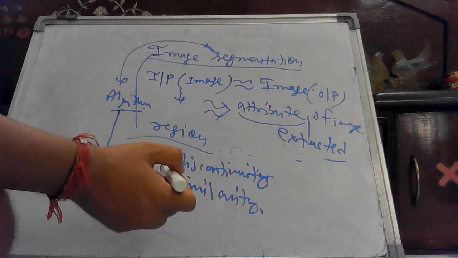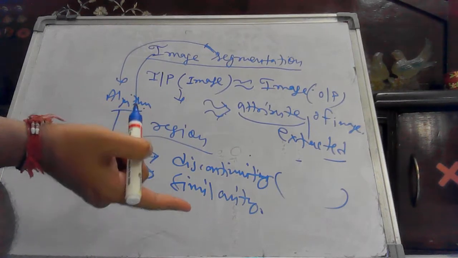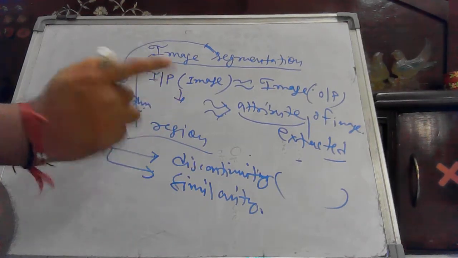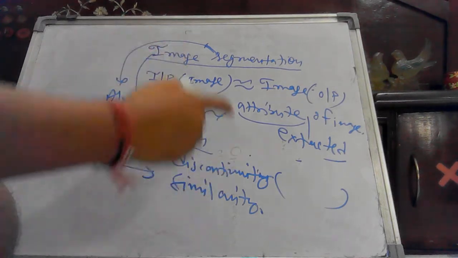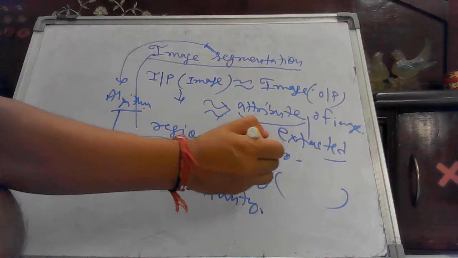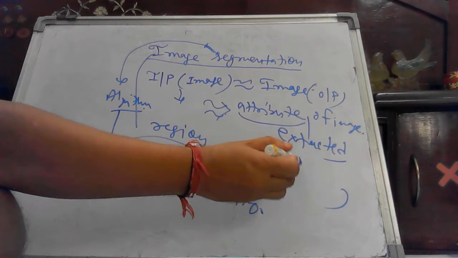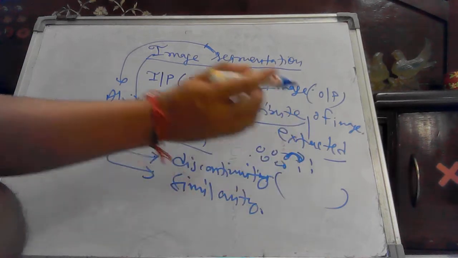Now the discontinuity approach is mainly used to partition an image based on abrupt changes in intensity. What is the meaning of this? Let's say your pixels are 0 0 0 0, all zeros, and some pixels are, let's say, 1. This is a change in intensity, 0 to 1.